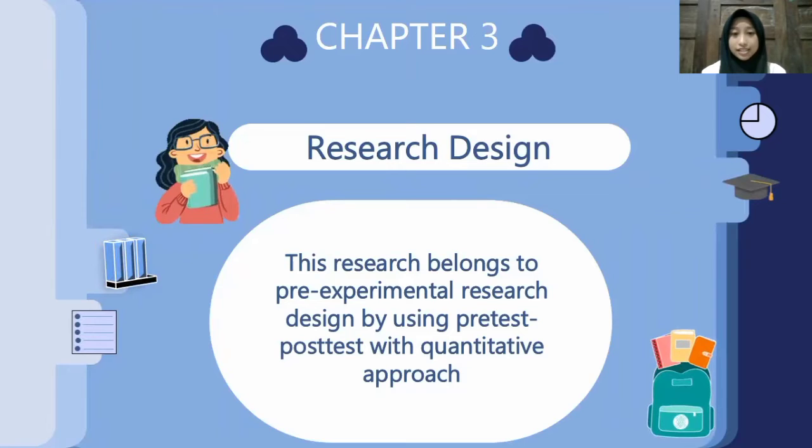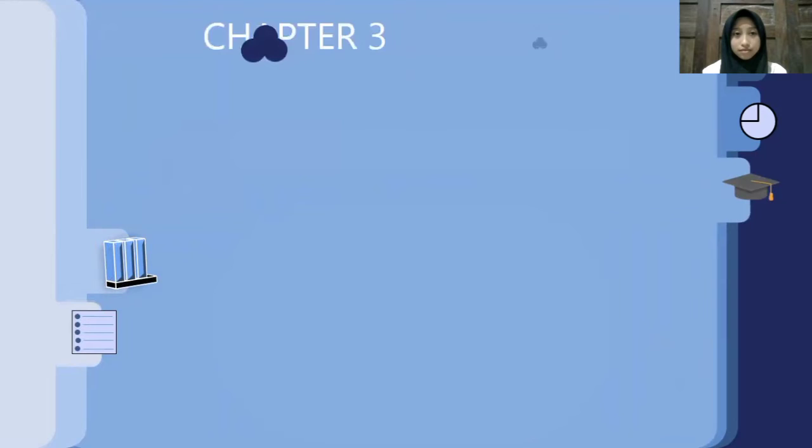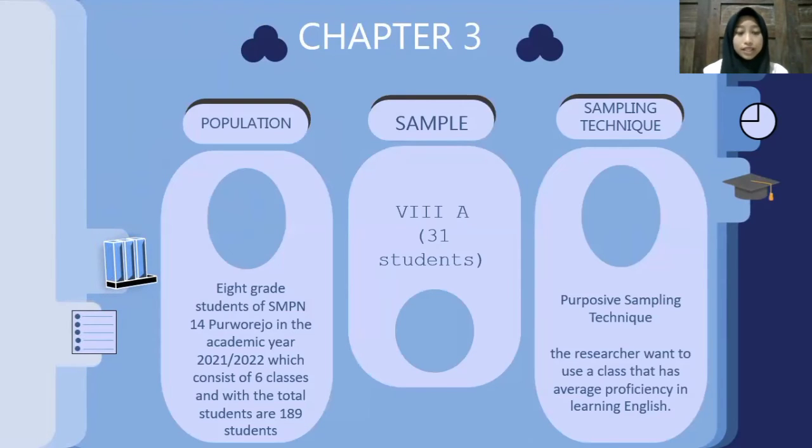Chapter 3, Research Design. This research belongs to a pre-experimental research design using pre-test and post-test with a quantitative approach. Population: 8th grade students of SMP Negeri 14 Purworejo, which consists of 6 classes with a total of 189 students.